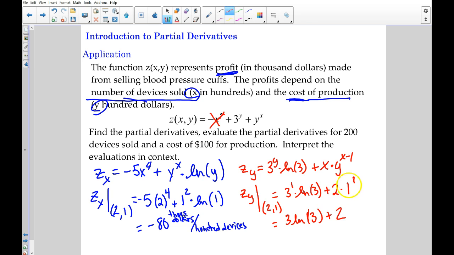Now for this one, this would be thousands of dollars per, okay, that was the units of z. The units of y are hundreds of dollars.